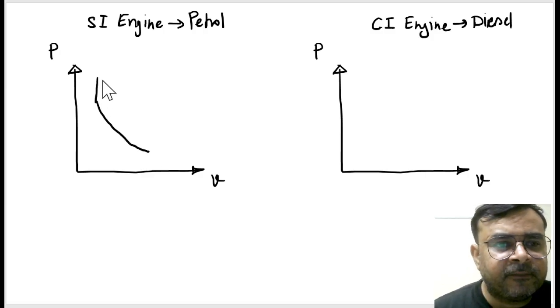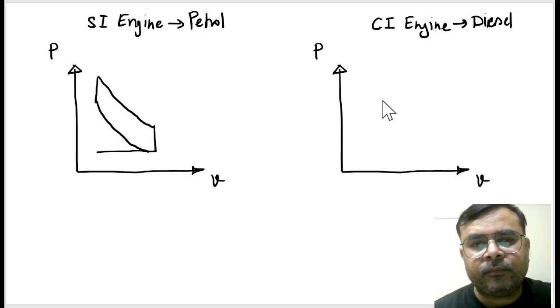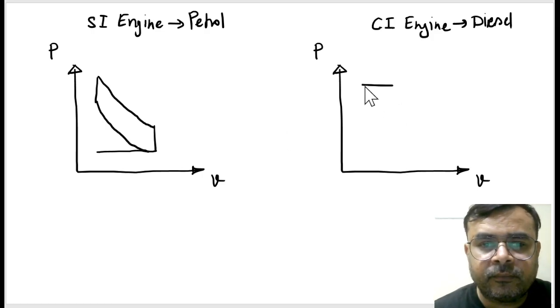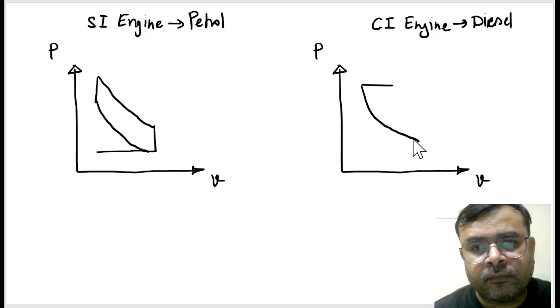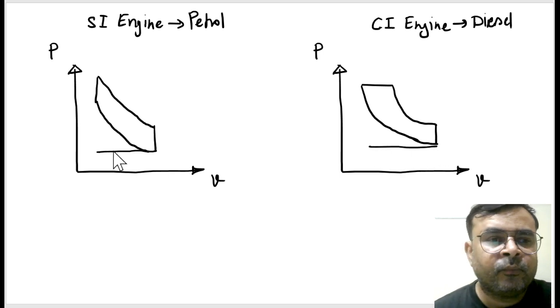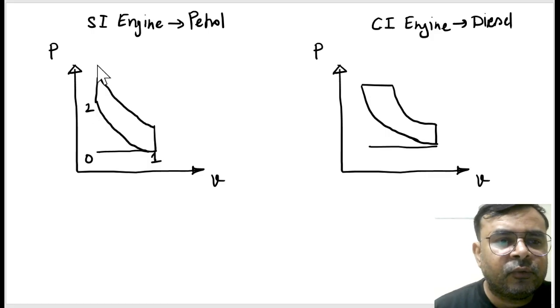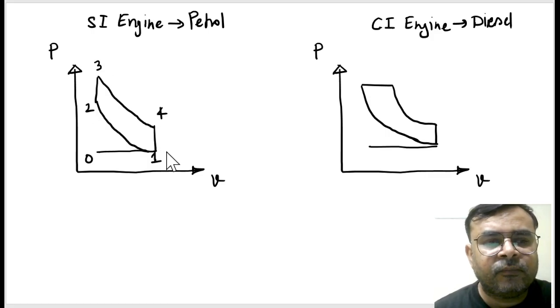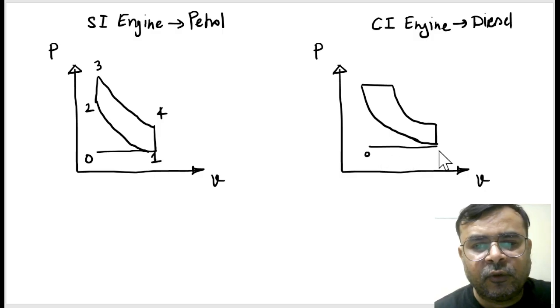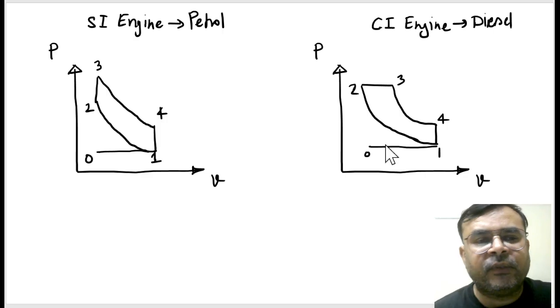Ideally, we draw only this. So this is 0, 1, 2, 3, 4. And again, you can say 0, 1, 2, 3, 4.